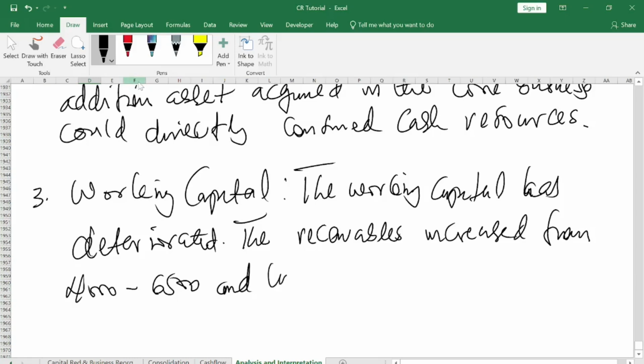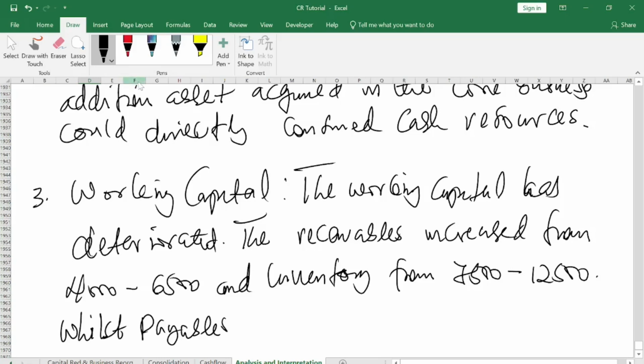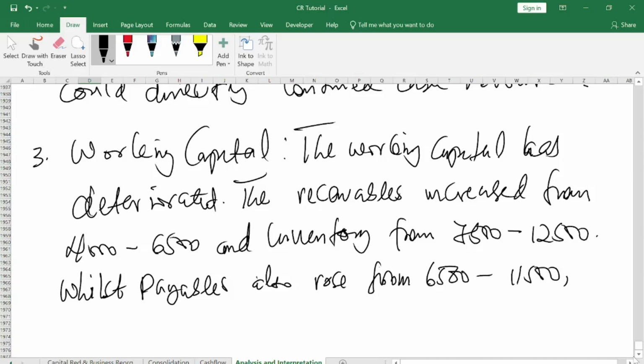And then inventory from 7,500 to 12,500. Whilst payable also rose from 6,500 to 11,500. The net impact on working capital is negative. You understand?